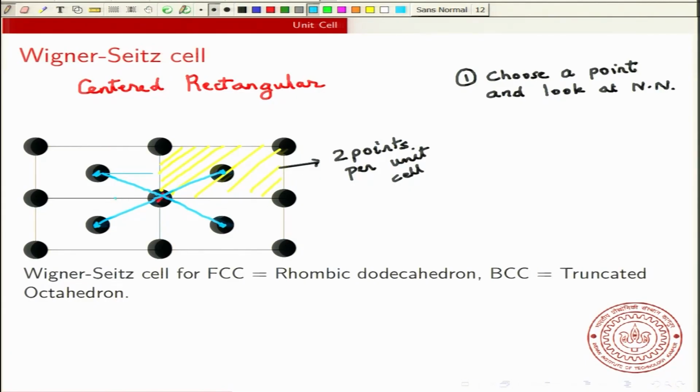So, let me draw it this way. Similarly, I draw a line perpendicular to this line, and finally, I draw a line that is perpendicular to this line.